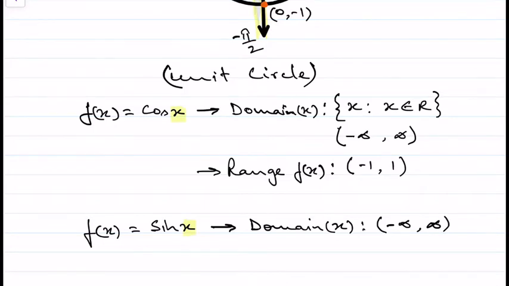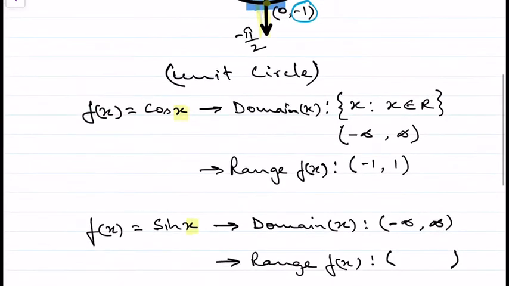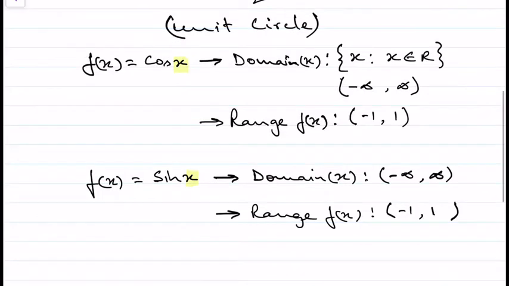And for the range, the value of sin x, depending on the point on the circle, can go to a maximum of 1 at x = pi/2 and a minimum of -1 at x = -pi/2. Therefore, the range of this function is from -1 to +1. So the domain for both cos x and sin x is minus infinity to plus infinity, whereas the range for both is -1 to +1.